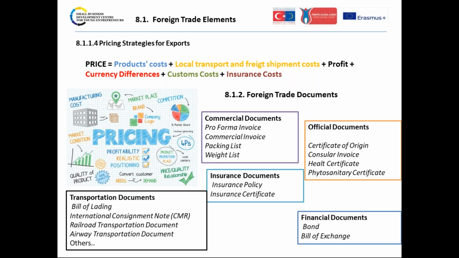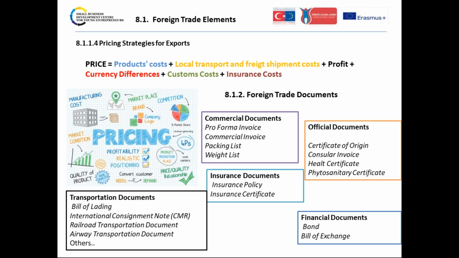You need to add this cost to your price. And of course, you will make some profit, but it depends on your expectation. On which rate you are going to add your profit, 5, 10, 15, 20. So this is also very important. You need to add your profit on the price of the raw material.